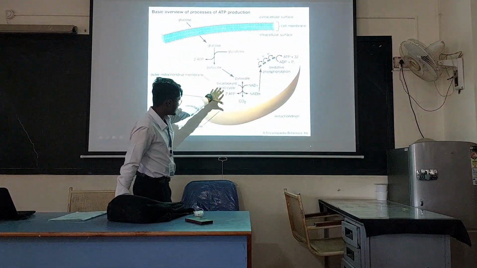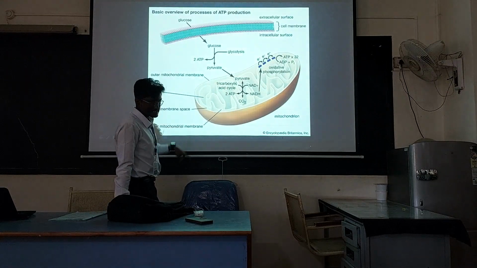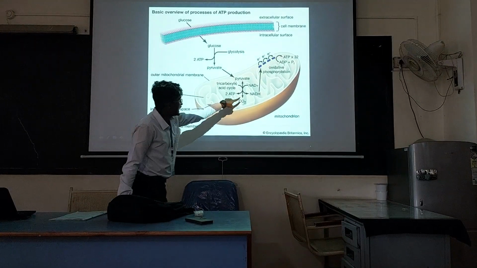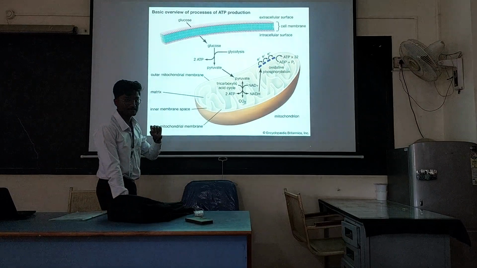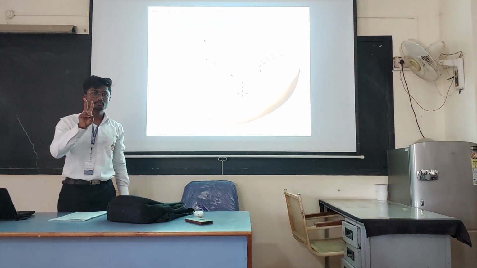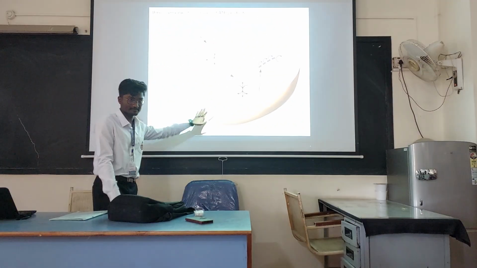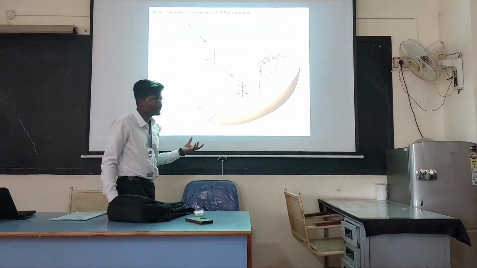Inside the mitochondria, pyruvate goes through a process, and it releases NADH plus FADH2. Along with that, 2 molecules of ATP are also synthesized here. This cycle is called the Krebs cycle or citric acid cycle.